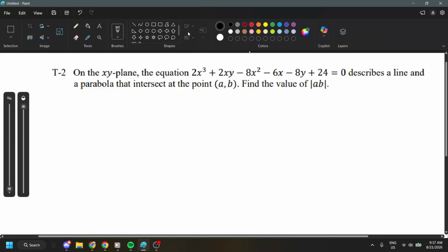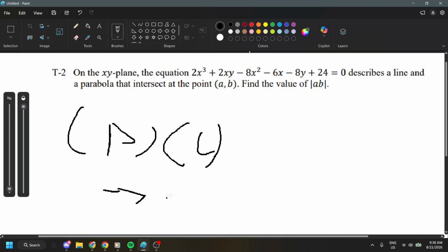So, if it's a line and a parabola, how is that described? It's not the parabola times the line, because that would just be a cubic.